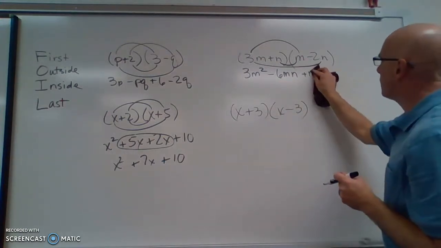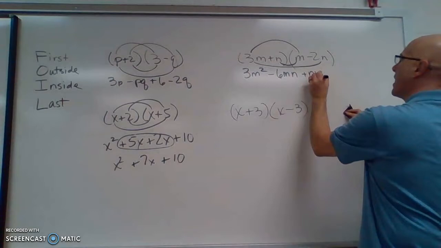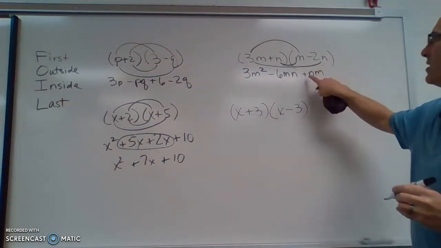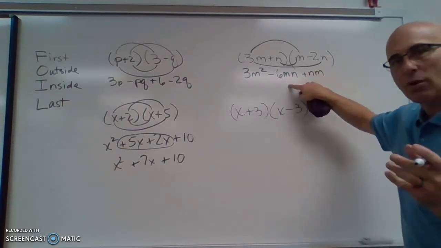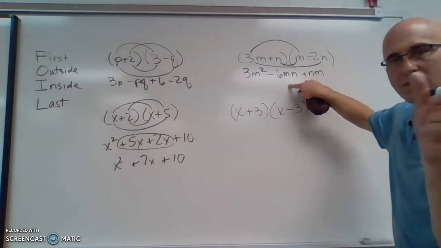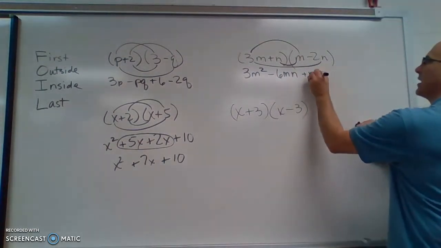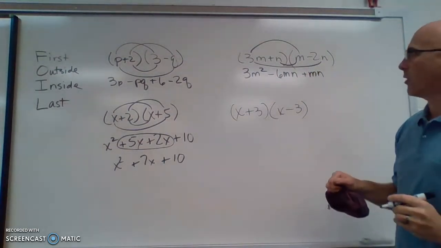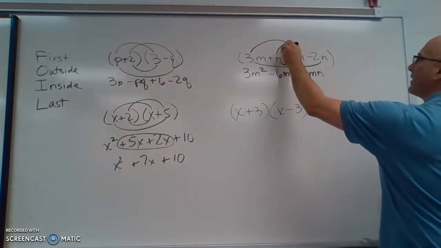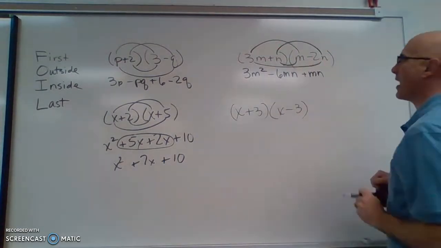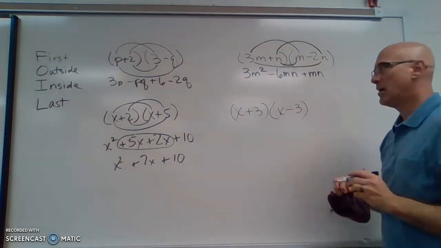Just remember, if you write n, m, these are the same terms, because when you multiply things, you can reverse the order of multiplying. I just like always writing it in alphabetical order. And then the last, we've got n and minus 2n.